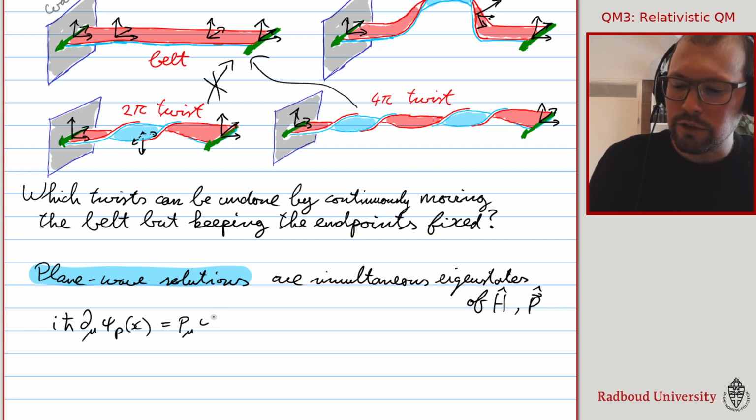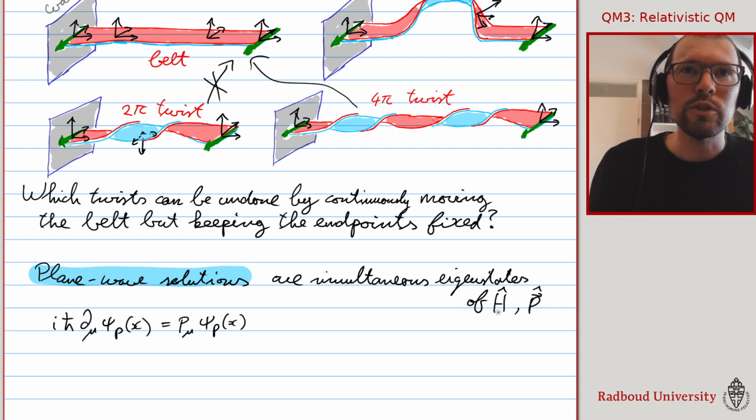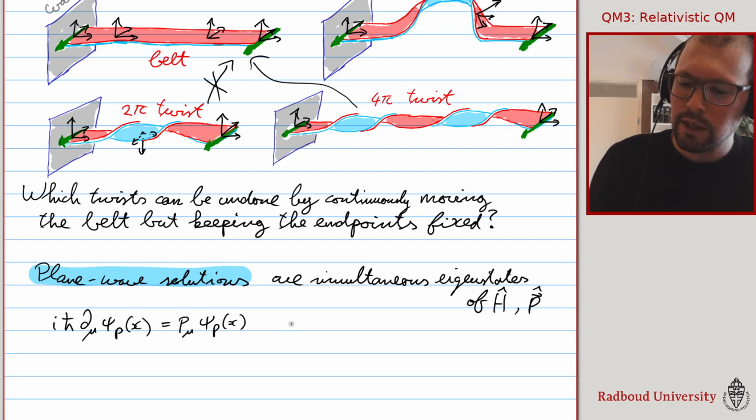So they are solutions to this eigenvalue equation. Why does it make sense that they are simultaneous eigenstates? Well, because the Hamiltonian and the momentum operators commute with each other. So we can really find such joint eigenstates.